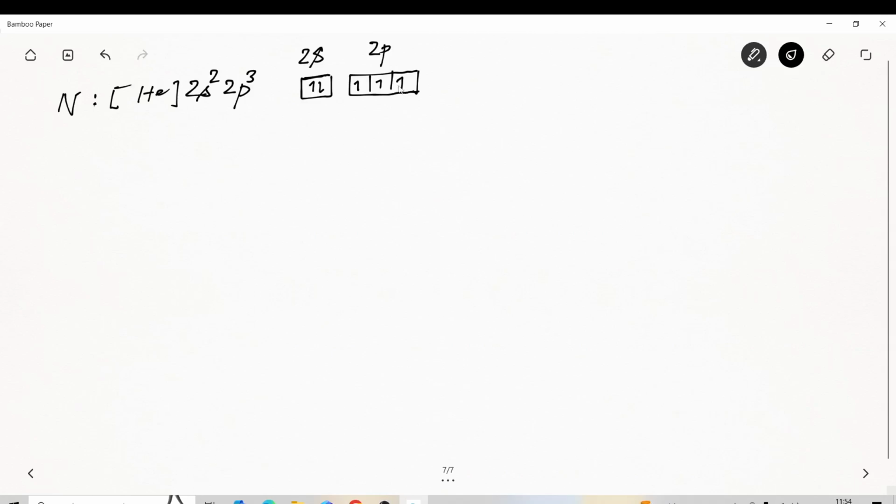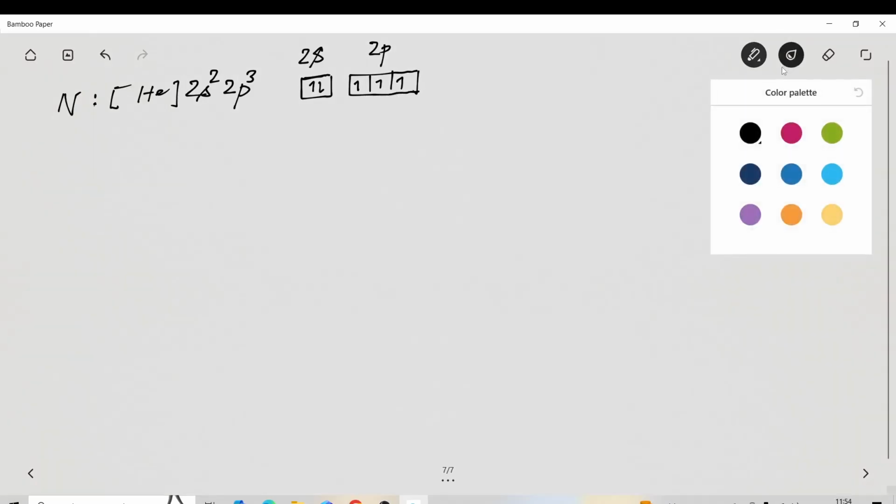So we have a half filled configuration. Now let us write down the values of m.